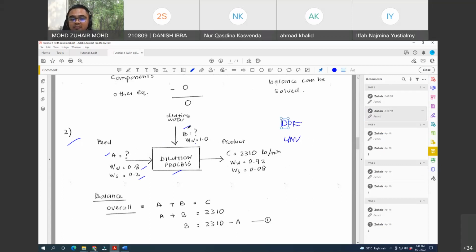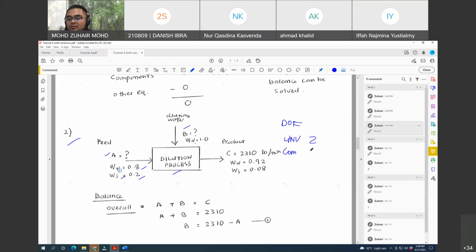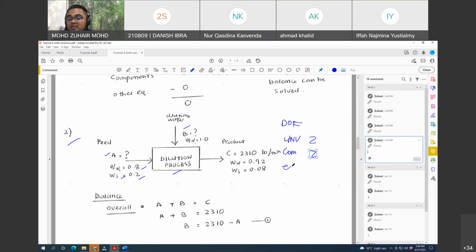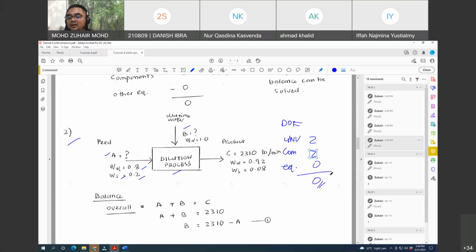We have A and B, the others we already know, so we have 2. And how many components? We have 2, water and salt. Is there any other equation involved? No. So 2 minus 2, we have 0. The degree of freedom is 0, so we can solve this.